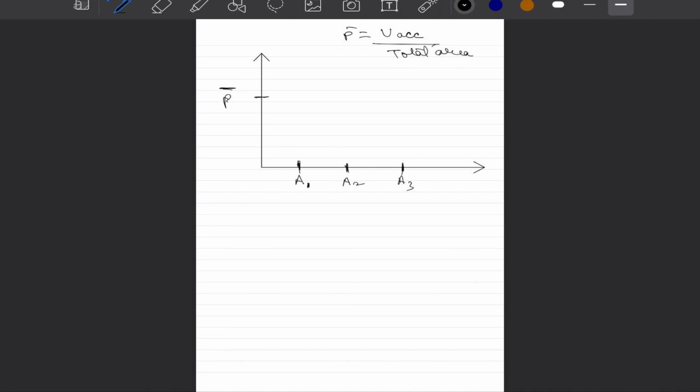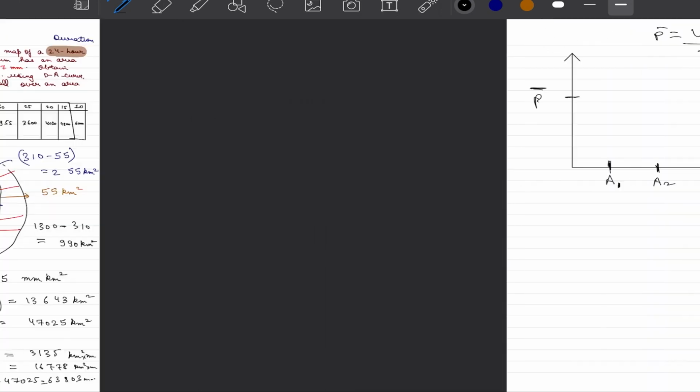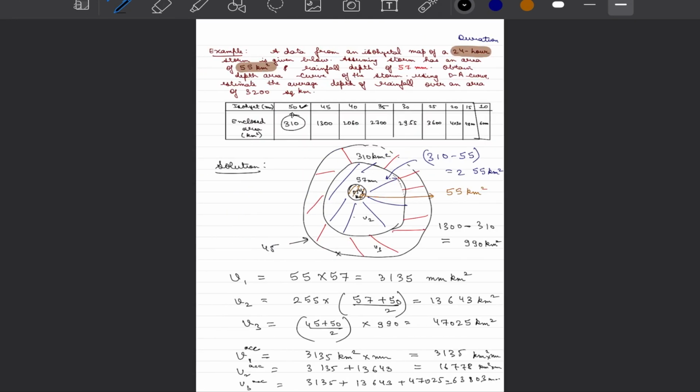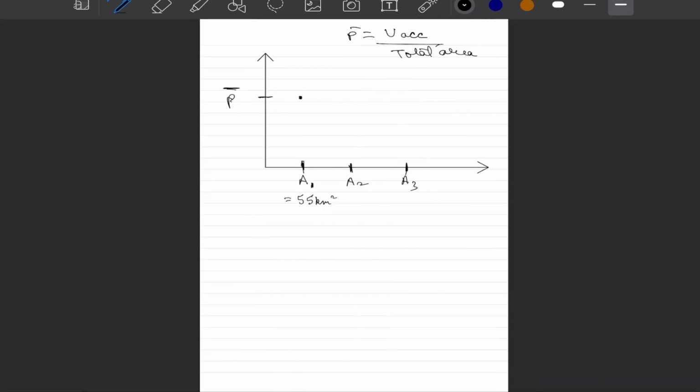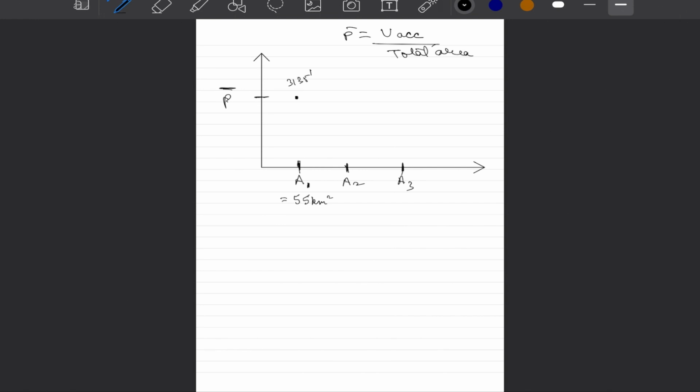So for A1, the total area that we have covered is just 55 square kilometer. So for A1, corresponding to 55 square kilometer, the average depth comes out to be the volume 3135 divided by 55, which is 57 mm.